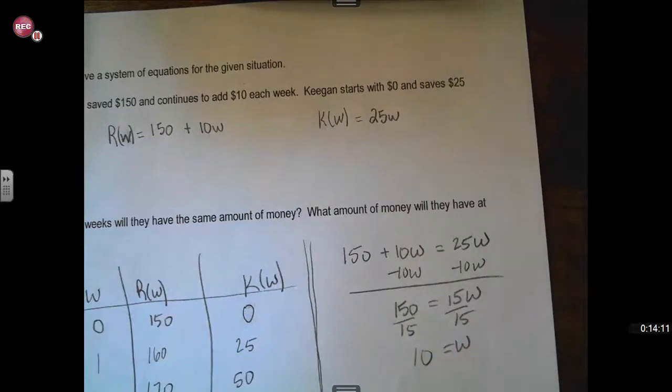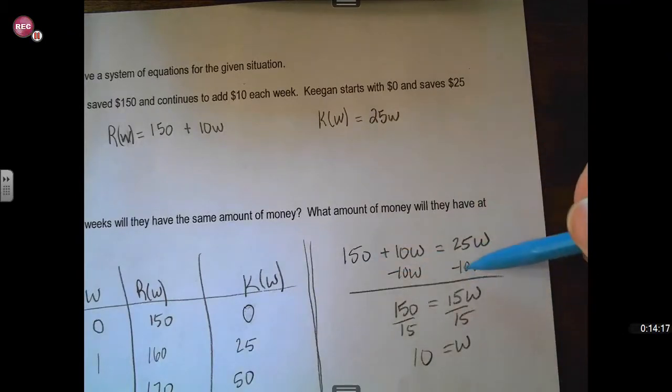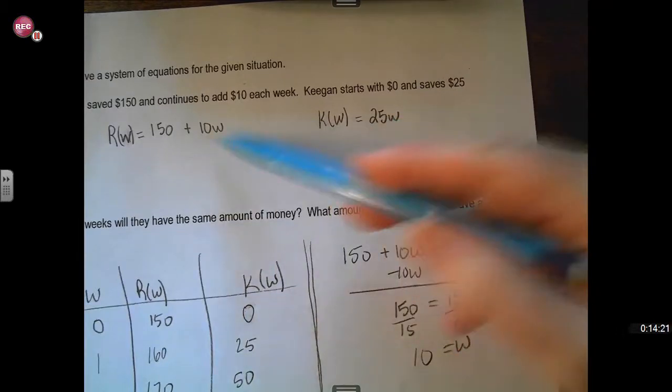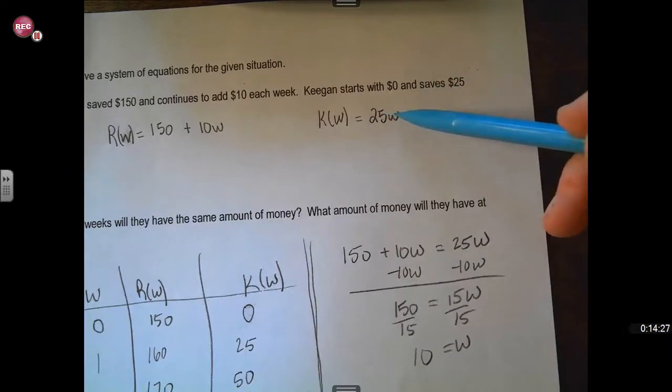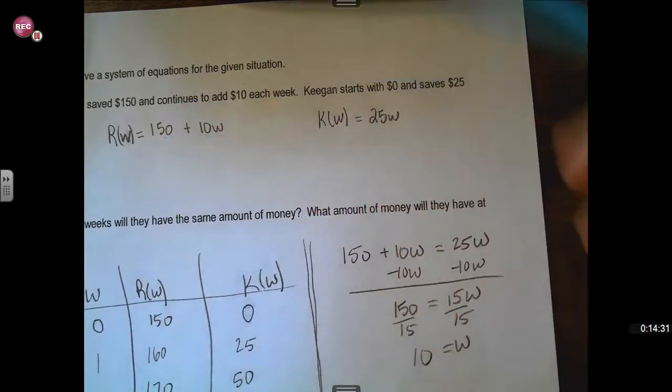And we knew that, week 10 is when they're going to have the same amount of money. If I use this method to solve, then I can take that 10 for W and plug it into either of these equations to figure out what the amount of money is. 25 times 10 is 250. 100 plus 150 is 250.